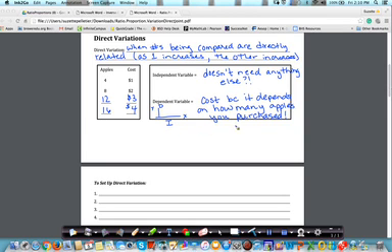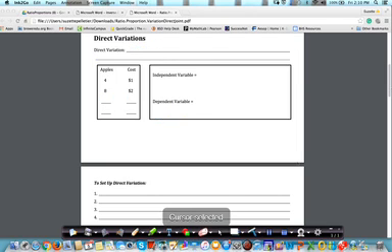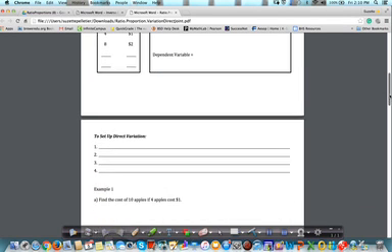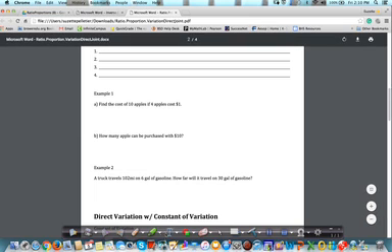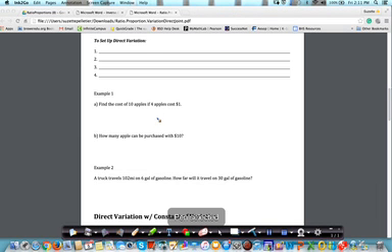Okay, so to set up a direct variation problem, here's what you need to do. First, let me clear and scroll the page a little bit so we have a little more room. We first are going to determine the 2 kinds of related data. What are we talking about? Apples and cost? Are we talking about cars and taxes? 2 kinds of related data. We need to figure it out, right?